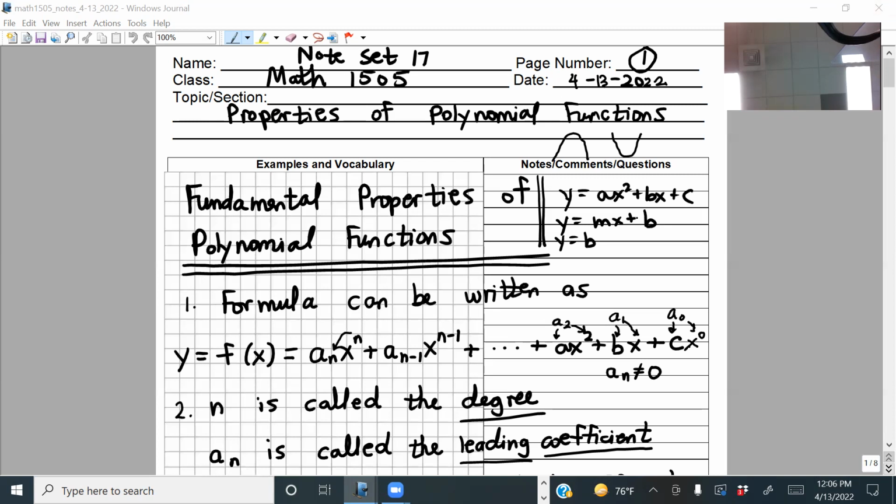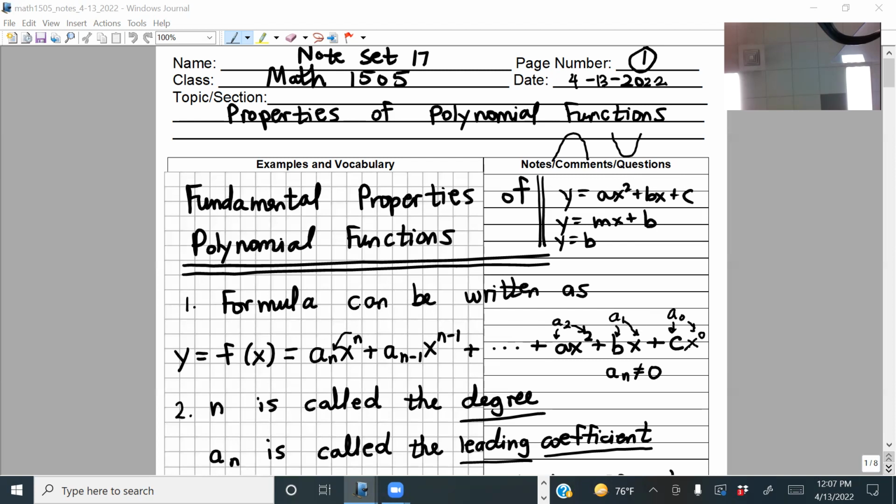Linear functions, which just involve x to the first power, are polynomial functions. Quadratic functions, which involve x to the second power, are also polynomial functions. But if you add in higher and higher powers of x, you still get a polynomial function. So polynomial functions are kind of generalizations of linear functions or quadratic functions.